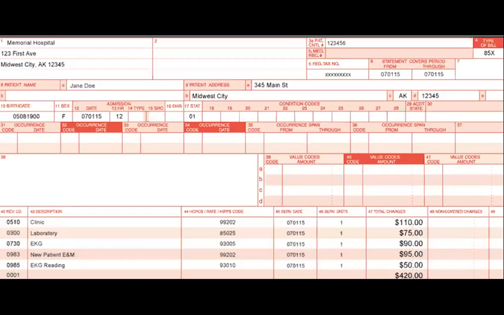All right, so here is an example of the top half of the UB04 claim form. I mentioned the demographic information, all of that. But when you get to the middle of this form, I'm going to go right here.